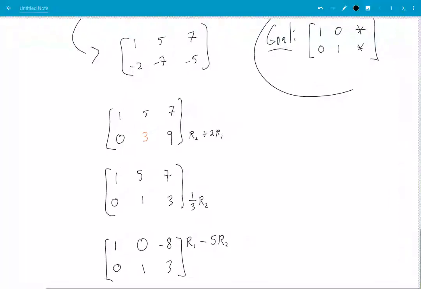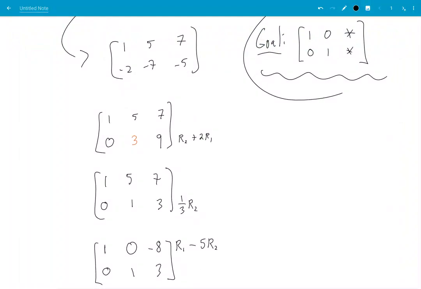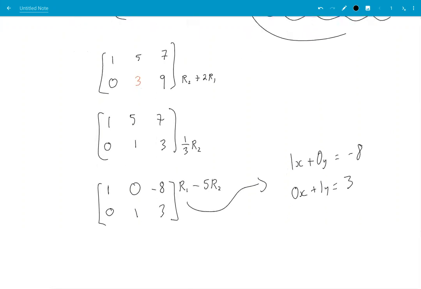Okay, so we see now why this was my goal up here, because I can convert this back into equations to get 1x plus 0y is minus 8, 0x plus 1y is 3. So x is minus 8, y is 3. And there's my solution.